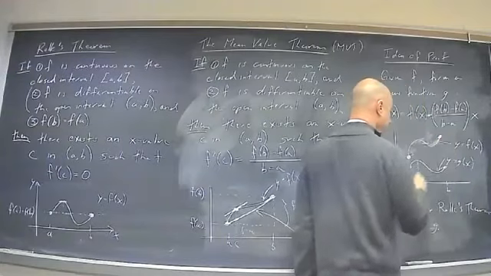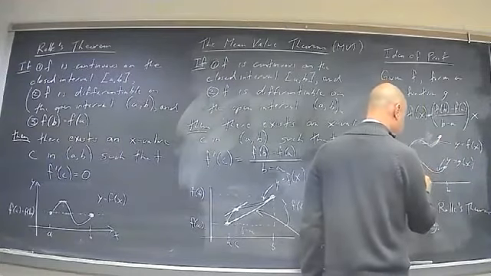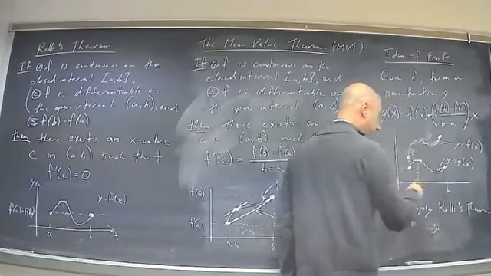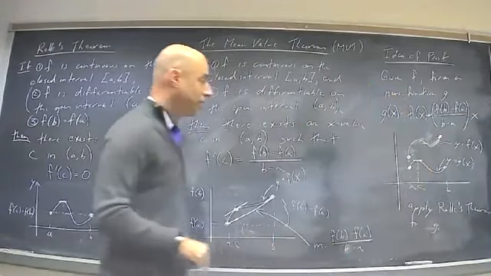You apply Rolle's theorem to g, and you know that there's some place on g by Rolle's theorem where the tangent line is horizontal.